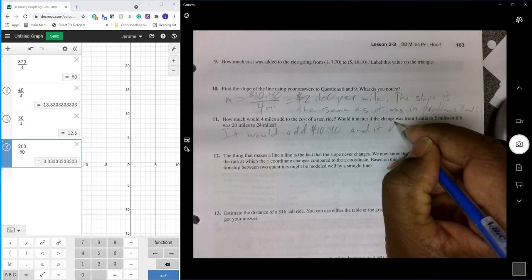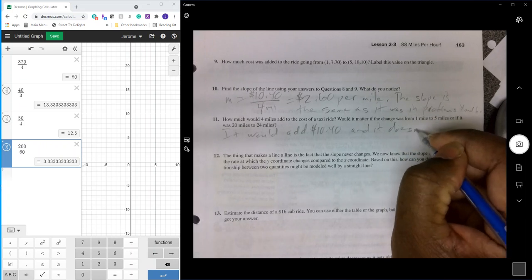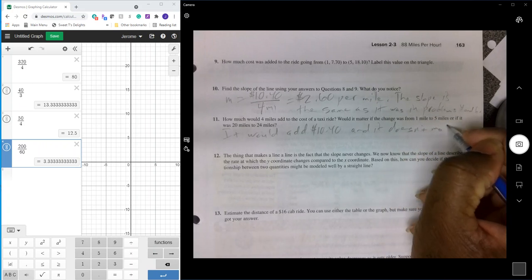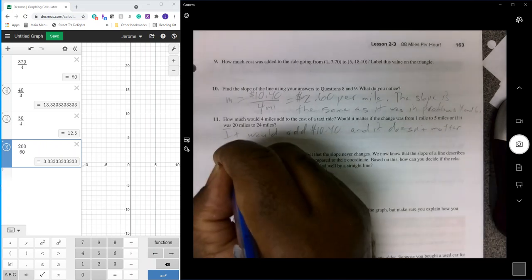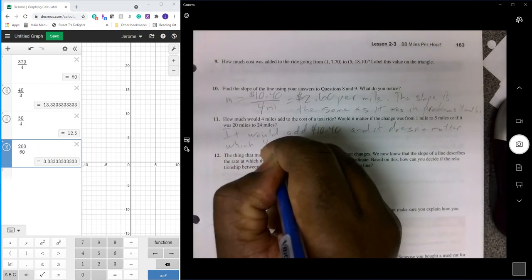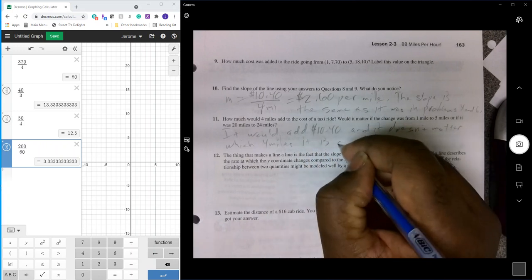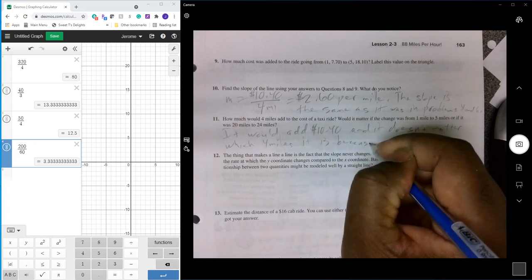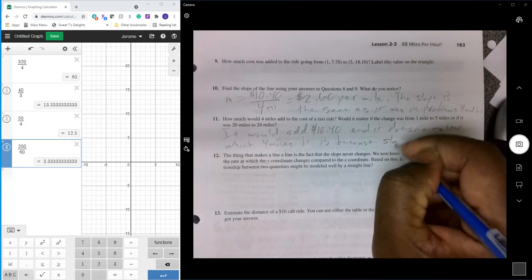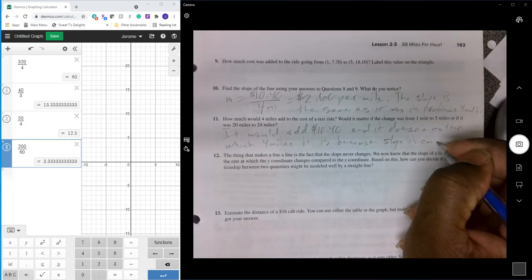And it doesn't matter which 4 miles it is, because slope is constant.